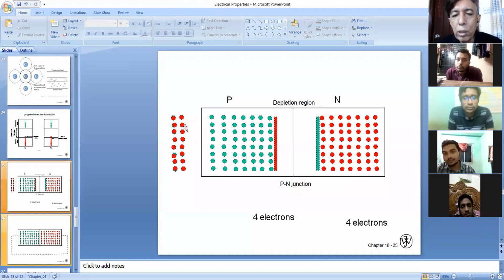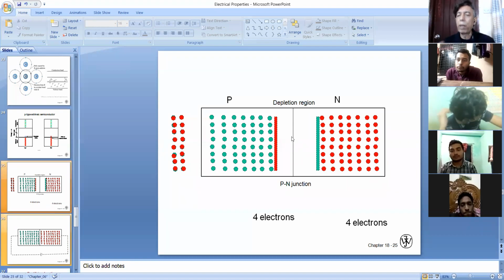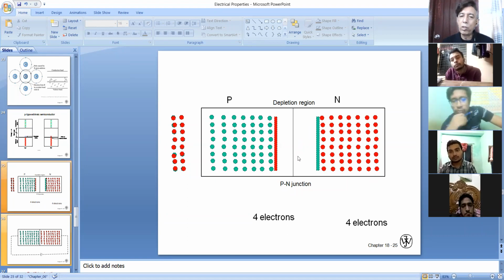Depleted means they become neutral atoms. There are some electrons here and there are some holes here. They are depleted and this place becomes a neutral zone.